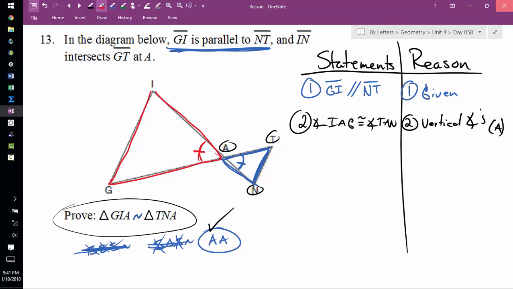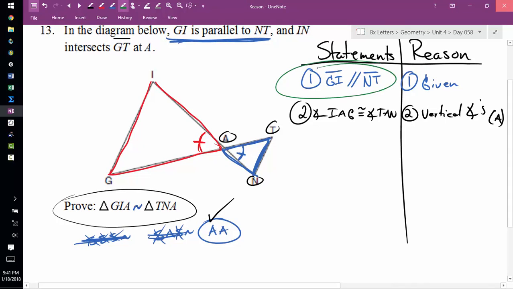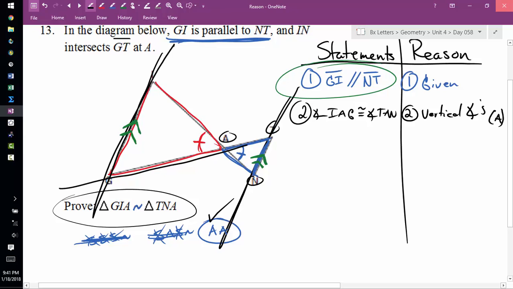And then the second pair of angles that are going to be congruent is going to depend on that given. Now that I see that this side is parallel to this side, I've got parallel lines cut by a transversal. Okay? And what you're going to do is you're going to look for that Z shape.